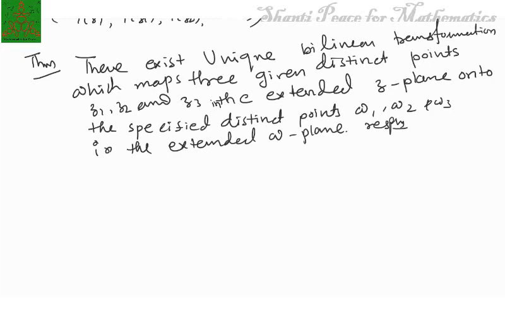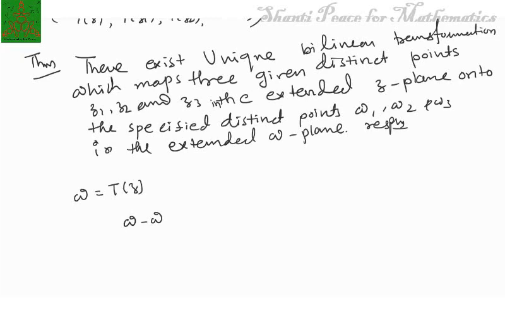So if three points are given and their images are also given, and you know that the transformation is bilinear, then there will be a unique bilinear transformation satisfying this condition. The proof starts with the application of the cross ratio. Let us consider that W equal to T(Z) is our required bilinear transformation, and we have already proved that the cross ratio is invariant.